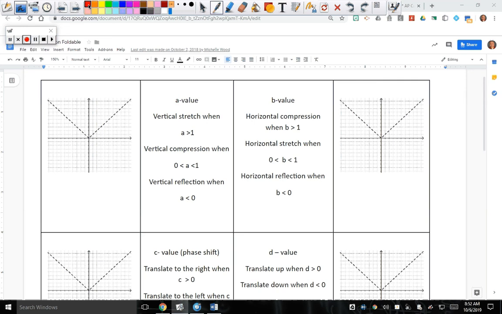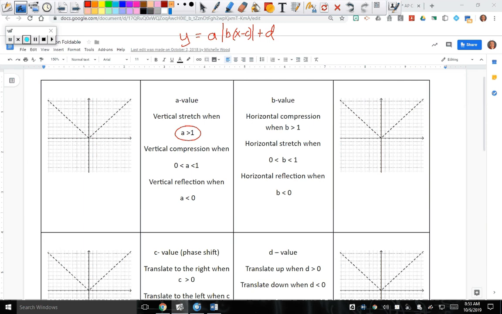Alright, so the a value is a vertical stretch when a is bigger than 1. That means you are stretching vertically, and a is a number that's in front of x. So my equation that I'm going to be talking about today looks like the following for the absolute value. y equals a times the absolute value of b x minus c, plus d.